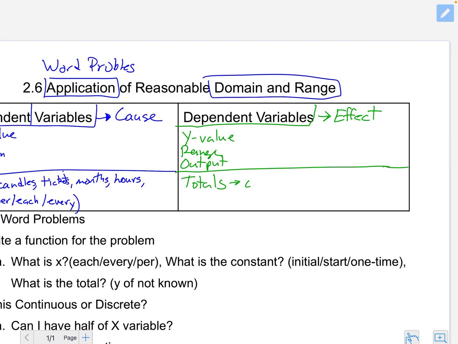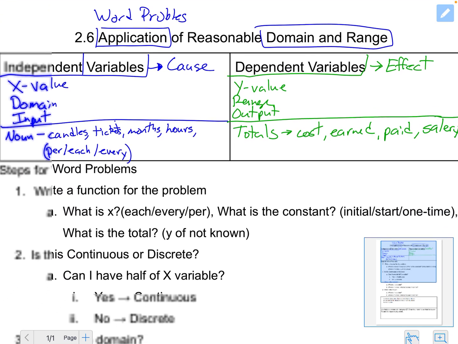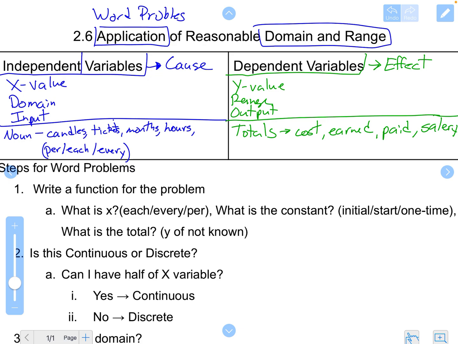So it's going to be the total cost, total earned, total paid, total salary. I think that's spelled wrong, but we're going to move on. And so dependent is our totals. Independent is the amount purchased or made or worked.